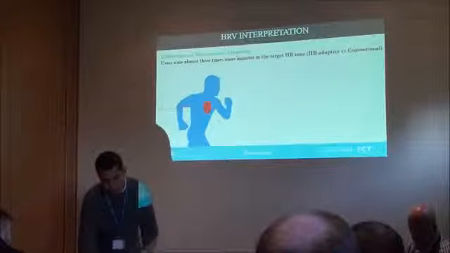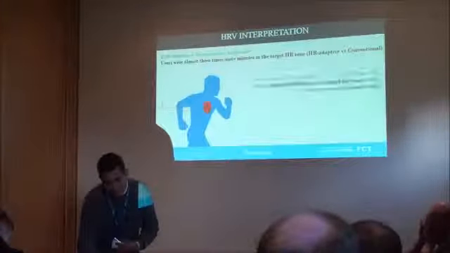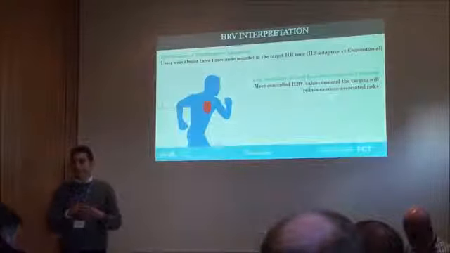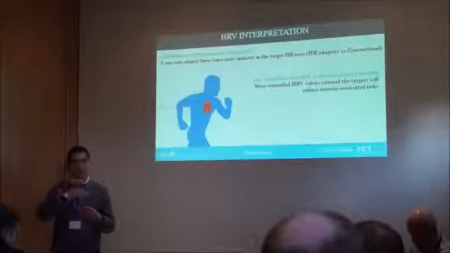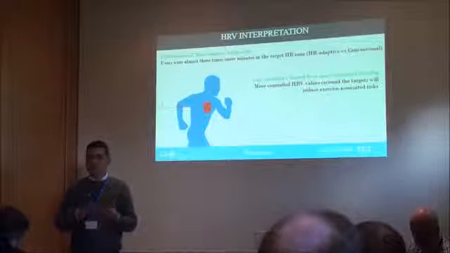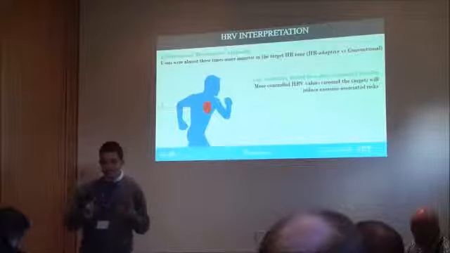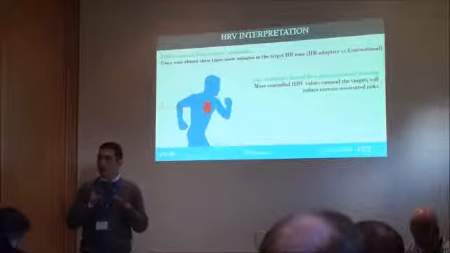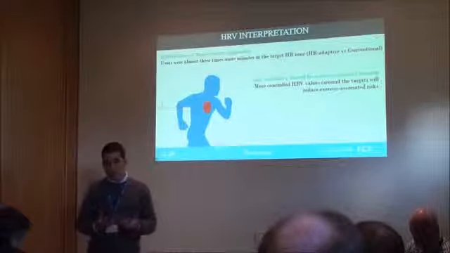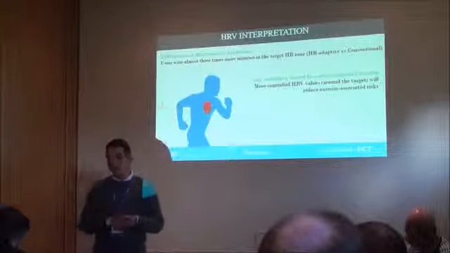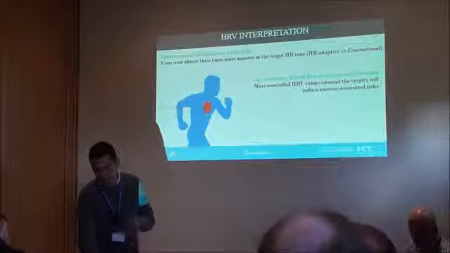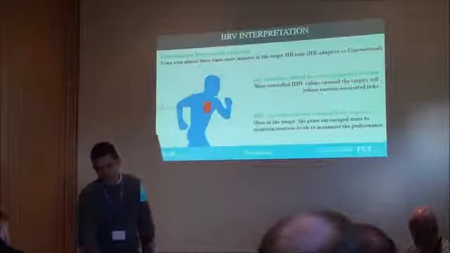So the heart rate variability interpretation is quite difficult, because most of the literature establishes that a bigger heart rate variability is a good signal of a good health status. But in this case, considering that we are trying to control the heart rate responses to a certain specific targeted zone, we conclude that a more controlled heart rate variability around this target will actually reduce some of the risk associated with over-exercise.